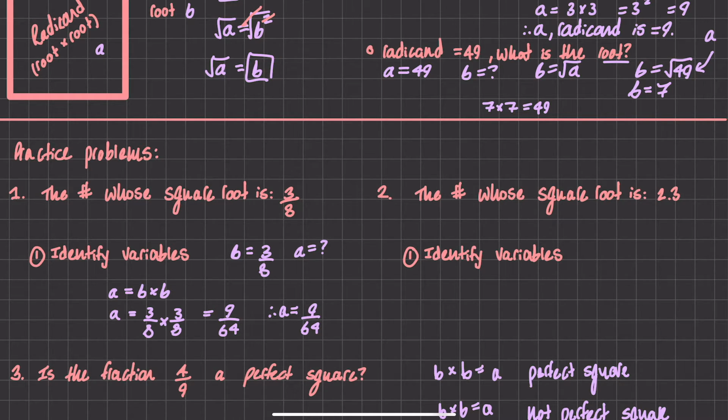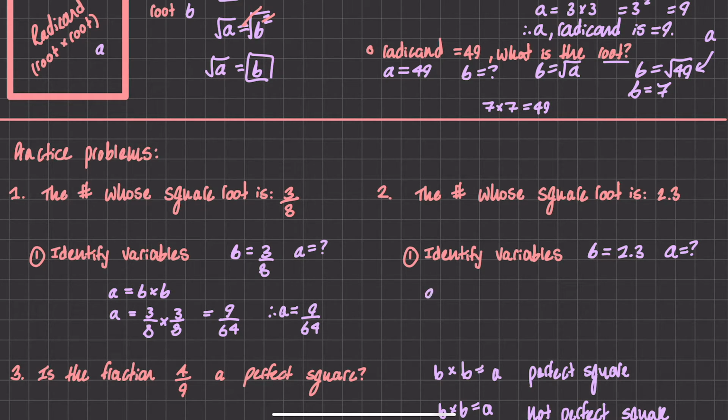Now on this side, the number whose square root is 2.3. The difference here is that instead of having a fraction, we have a number. So, same thing, identify our variables. We know that the square root is equal to b, which is equal to 2.3. And we're looking for a. Which number would have a square root of 2.3?